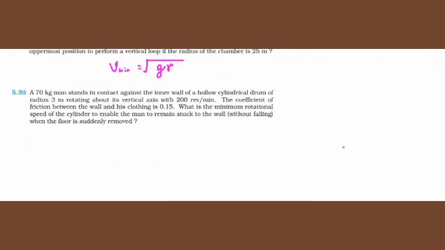A 70 kilogram man stands in contact against the inner wall of a hollow cylindrical drum of radius 3 meter. Okay, so the situation you have to see here. There is a drum, the radius of the drum is given.